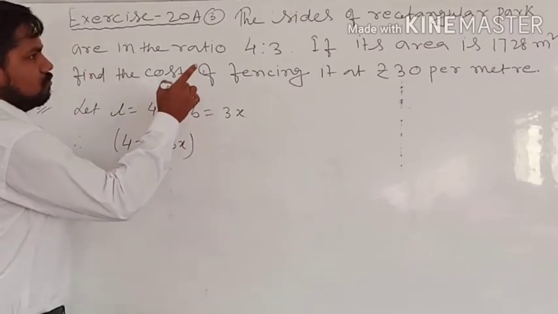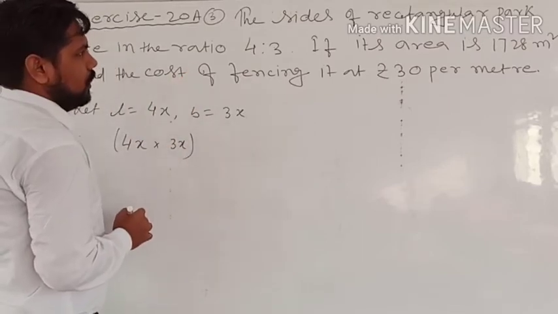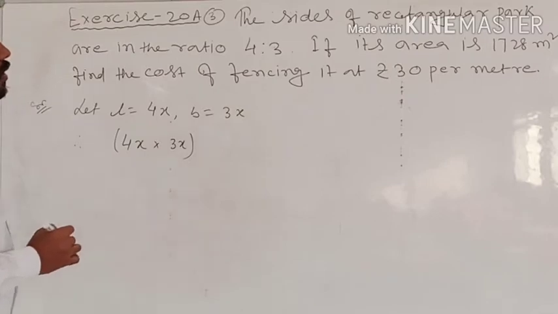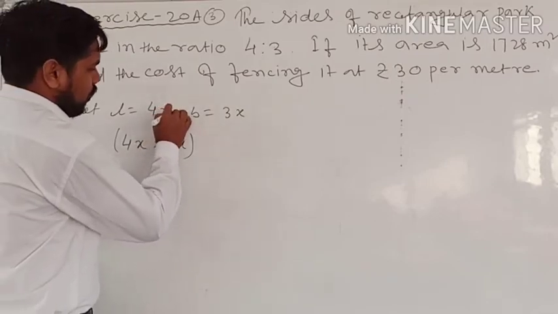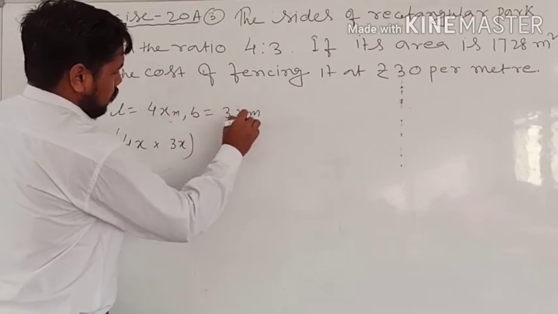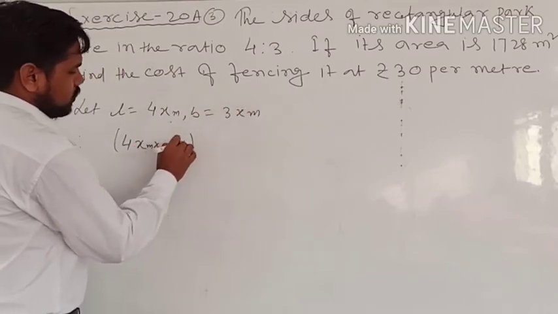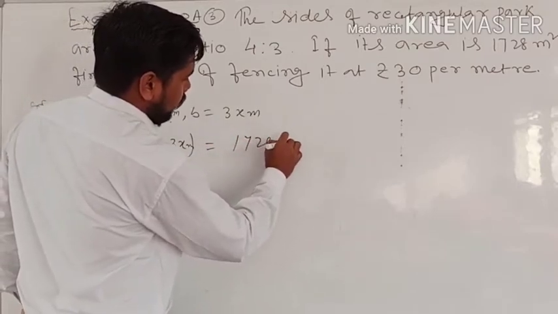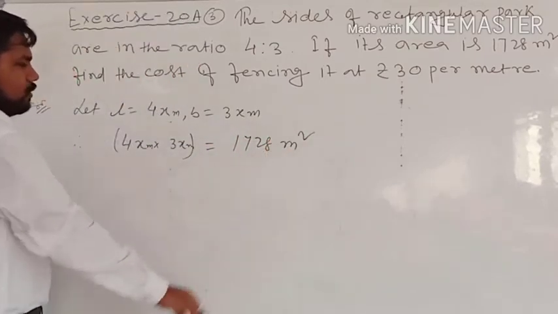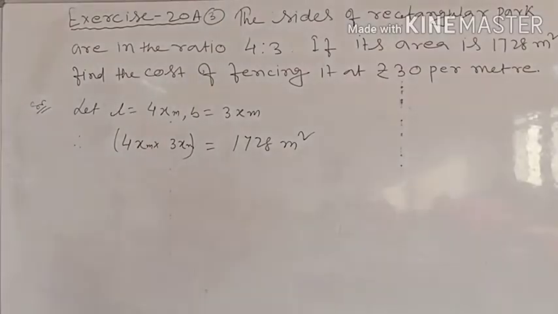Here the unit of the sides of the rectangle is meter, so the unit will be in meter. So this is meter is equal to 1728 meter square. This is the area of the particular rectangular path.